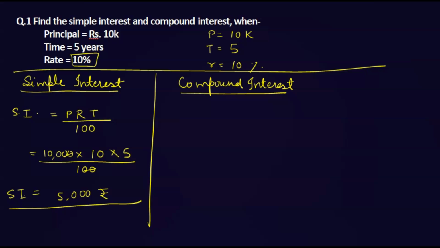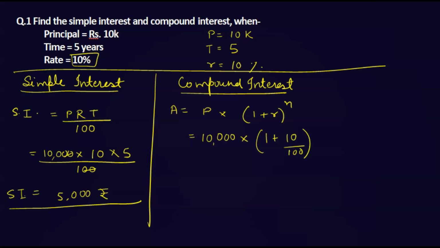Now for compound interest, the formula is amount equals P multiplied by 1 plus R to the power n. So here P is the same, 10,000, and you will see the difference now. For R we can write 10 by 100 and 0.10 also.